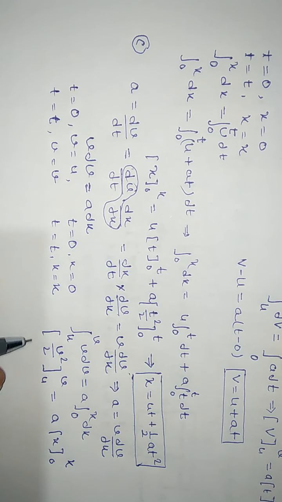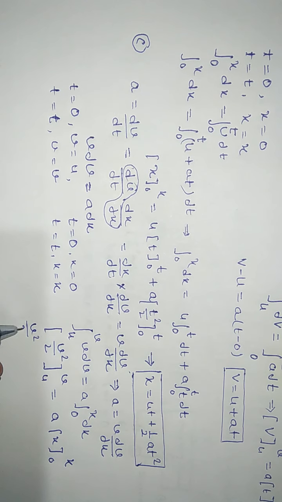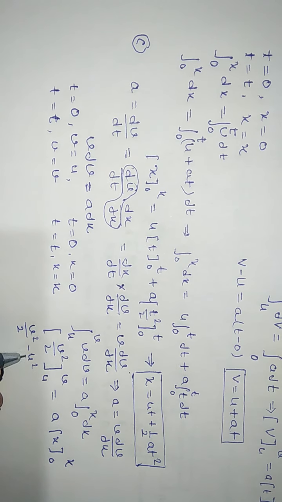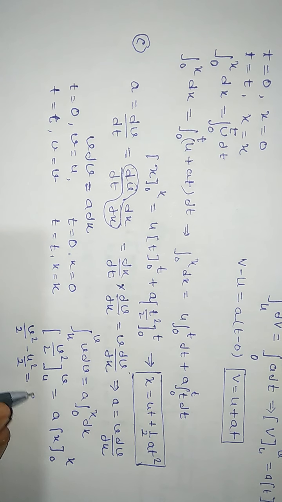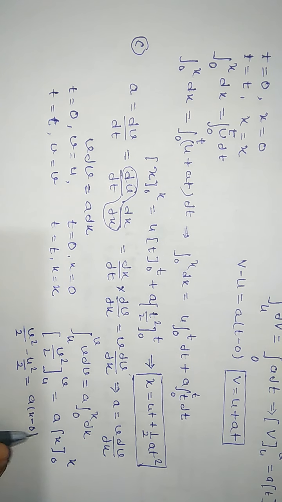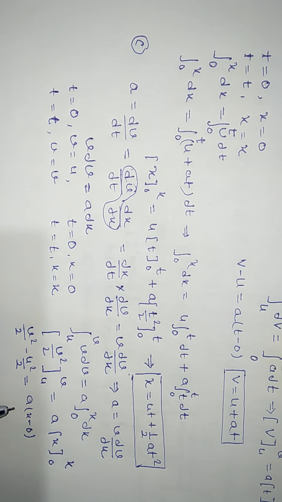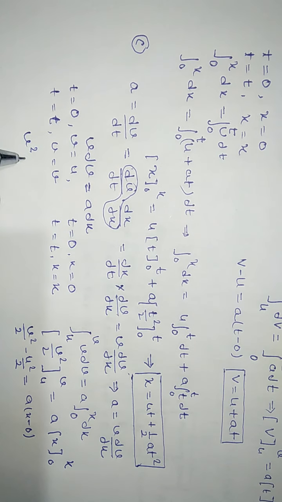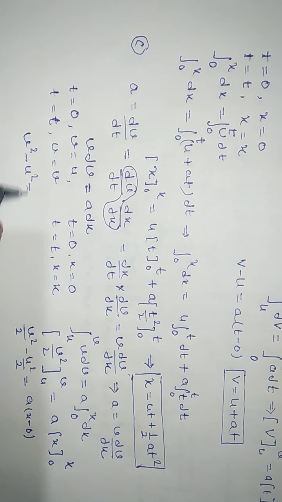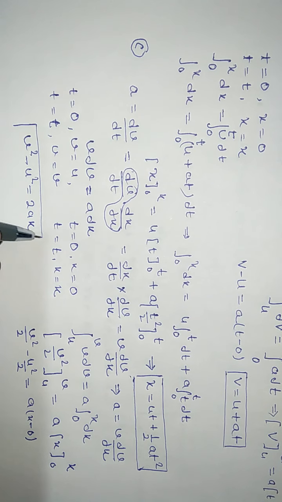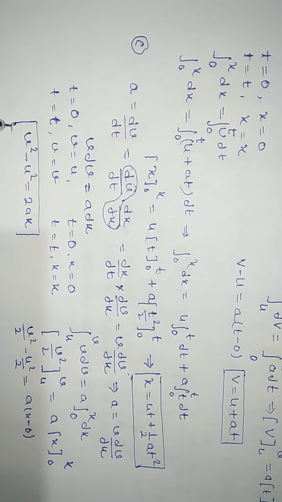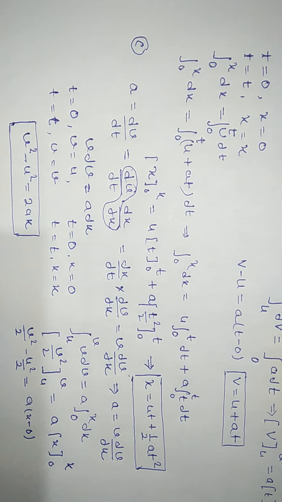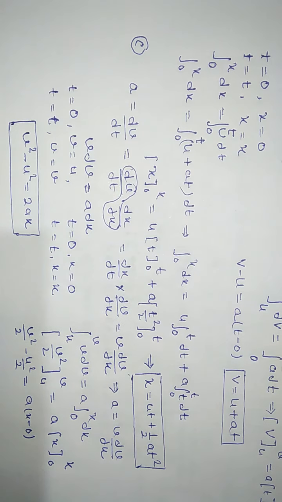This will give v square upon 2 minus u square upon 2 is equals to a x minus 0. On solving this equation, we will get finally v square minus u square is equals to 2ax, and this is our third equation of motion by the calculus method.